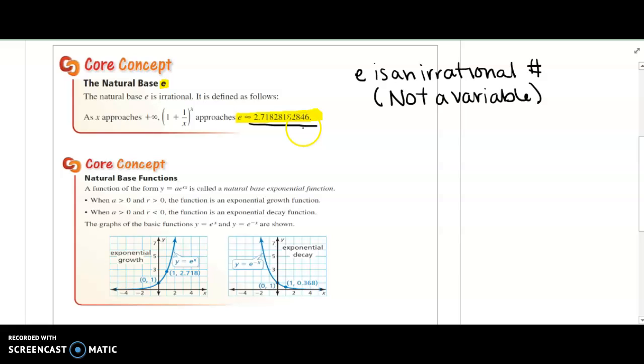So I like to kind of think of this as pi. You know, anytime we see the symbol pi, we know that that automatically stands for 3.14, so on and so forth. Same thing with e. Anytime we see lowercase e, we know it stands for 2.71, so on and so forth. Okay? So e is called the natural base.